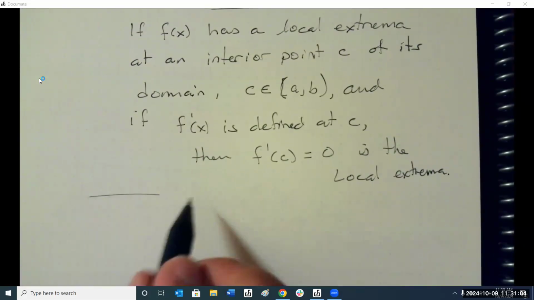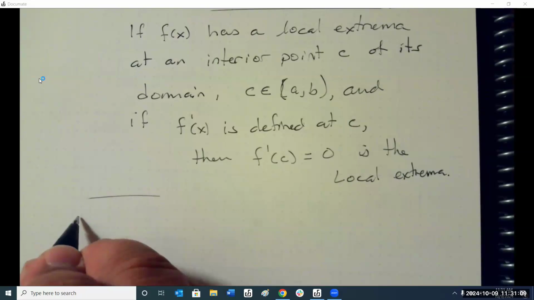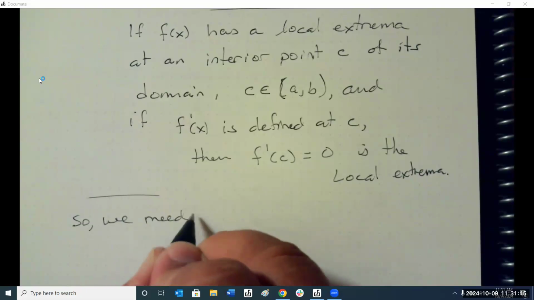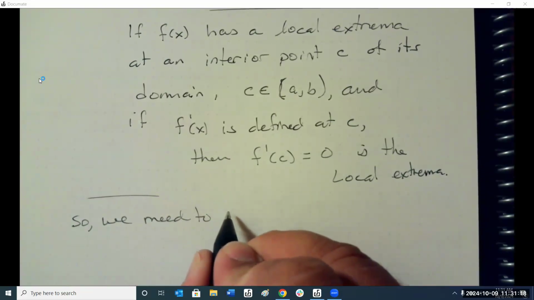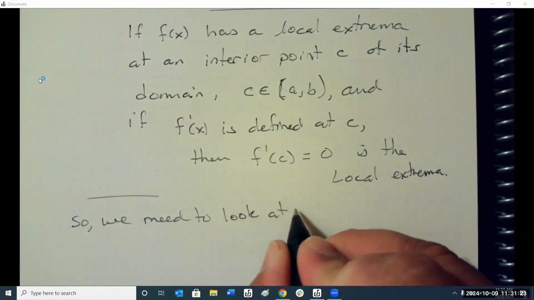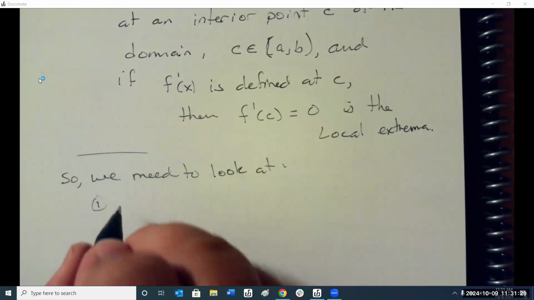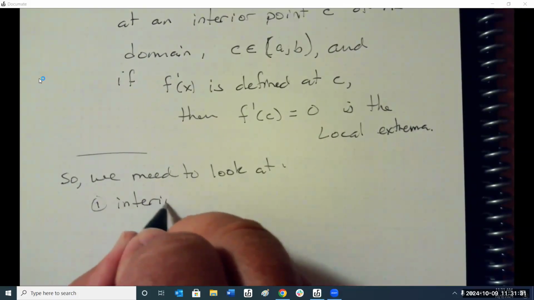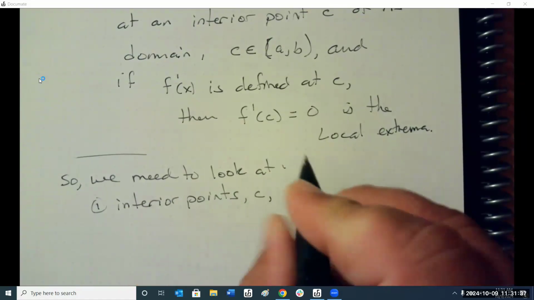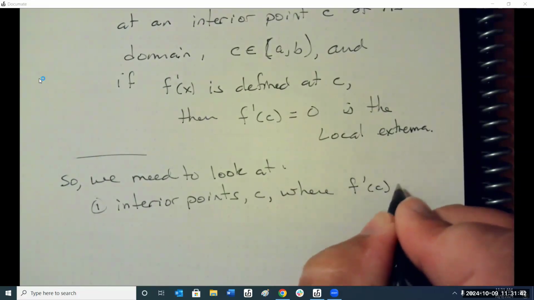So we have to find, we look at interior points C where f prime at C equals 0.